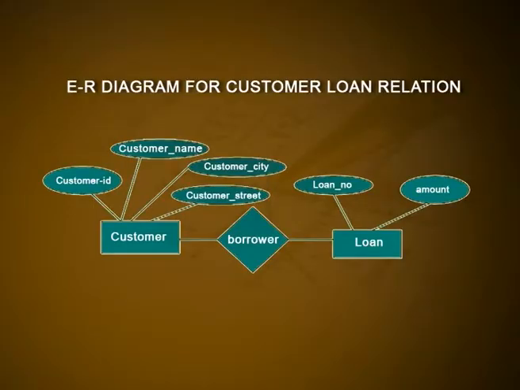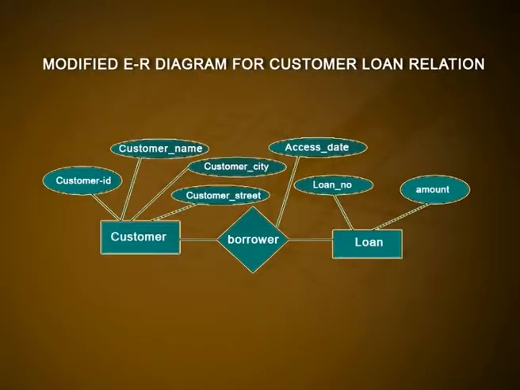Here, the relationship sets are shown by lines between entity sets without diamonds, and only binary relationships can be modeled like this. For example, consider the ER diagram given here. There are two entity sets, customer and loan, connected through a binary relationship set borrower.